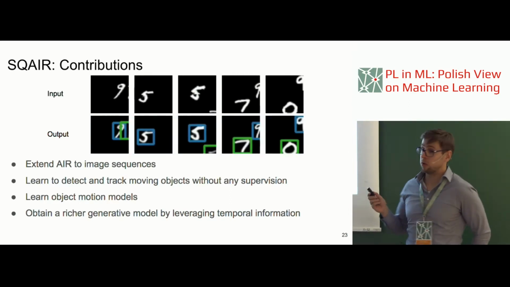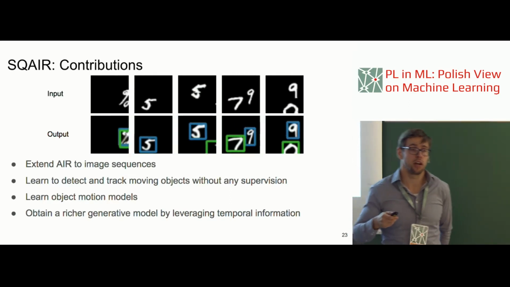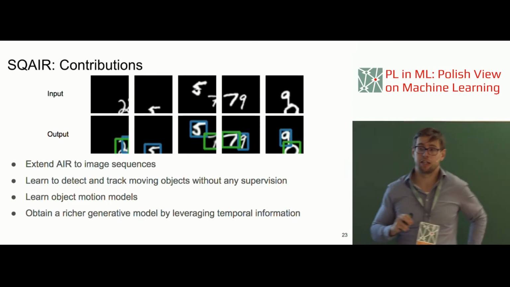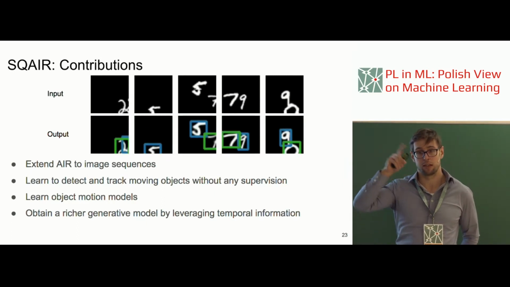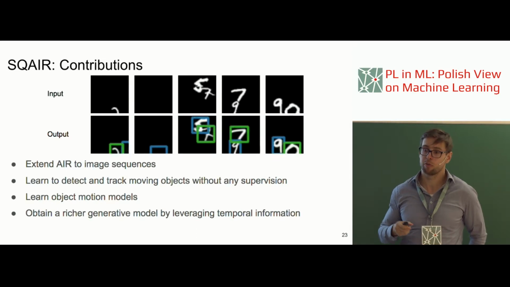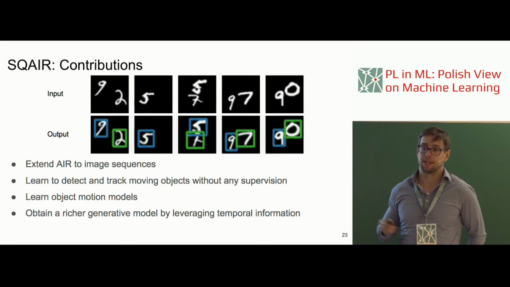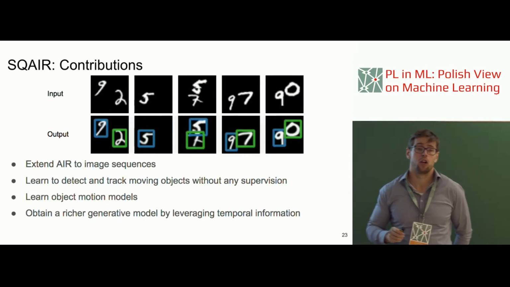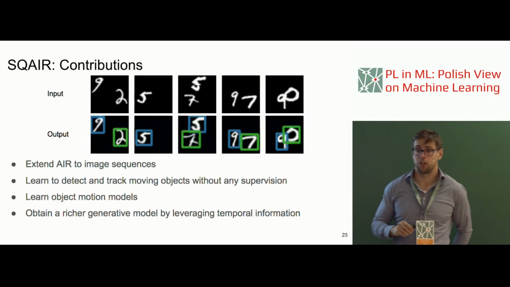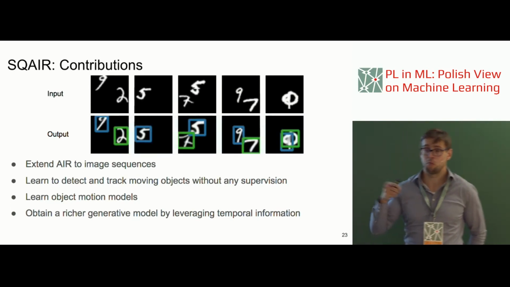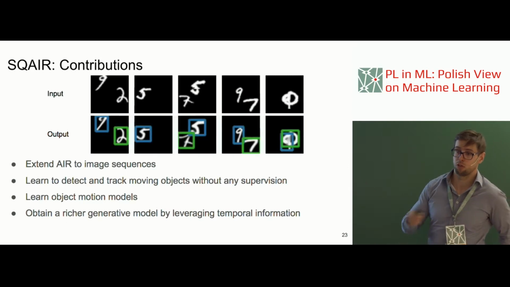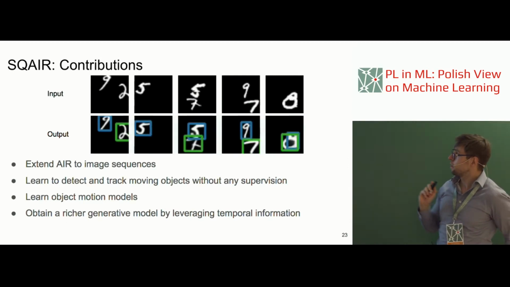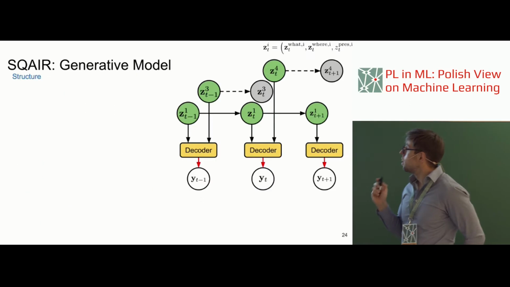And the color of the bounding box on all future slides corresponds to an object ID. So we had some superscripts on the latent variables before, and that basically means that if the color of the bounding box on an animation does not change, that means that the model thinks that it's still the same object, which means it tracks it successfully. There will be some counterexamples as well.